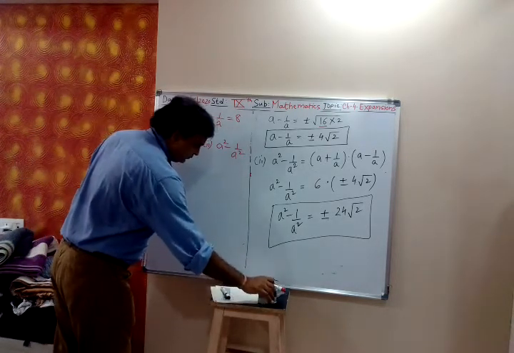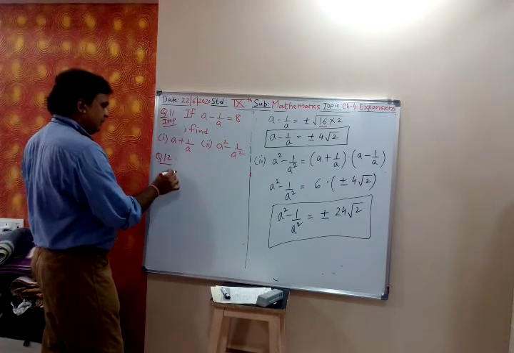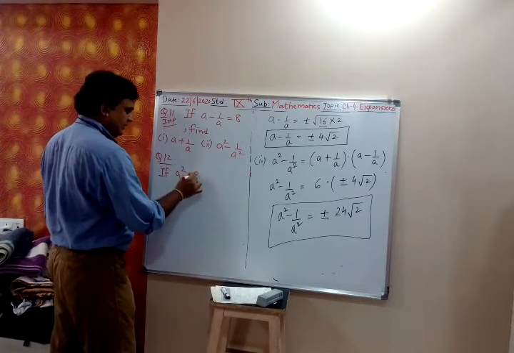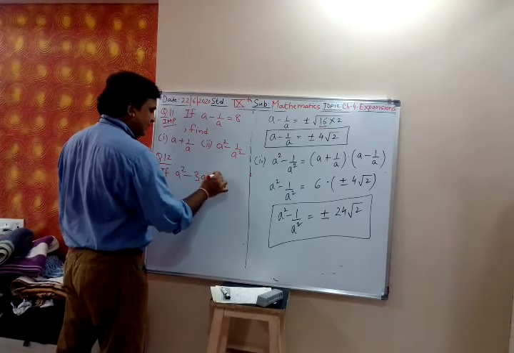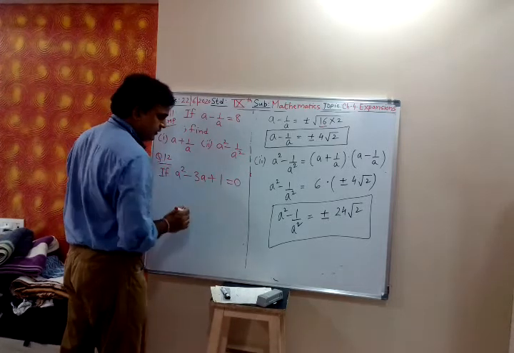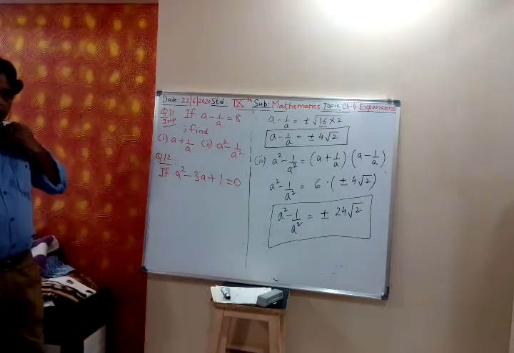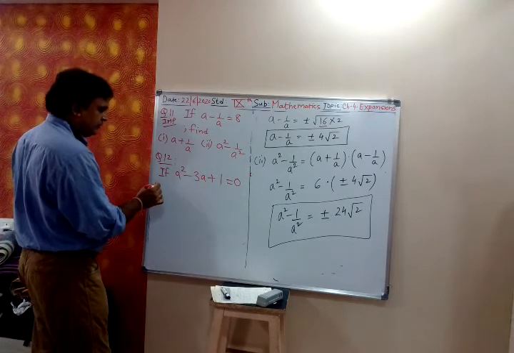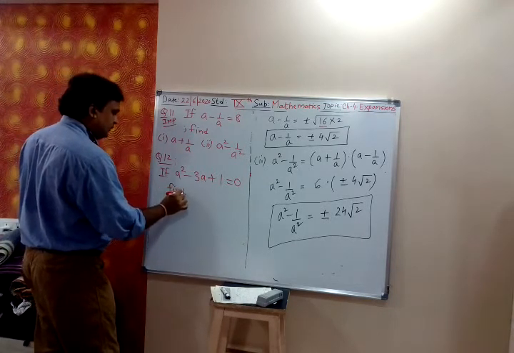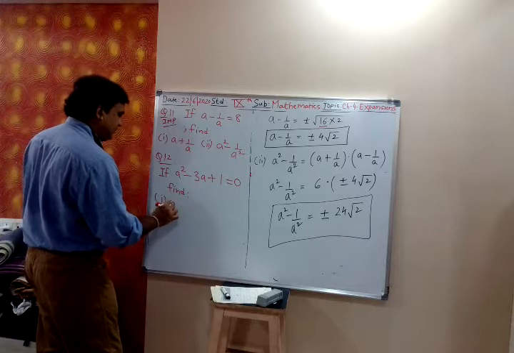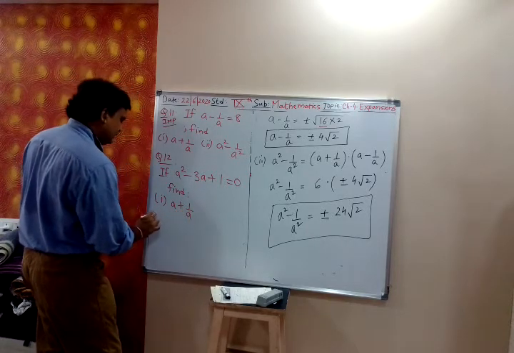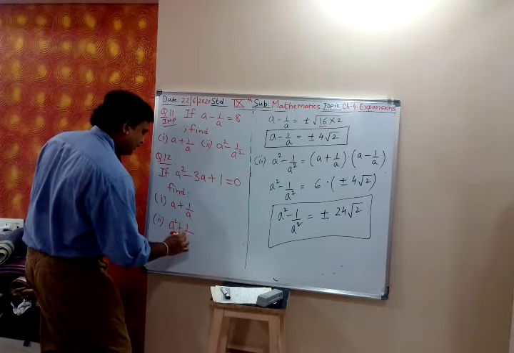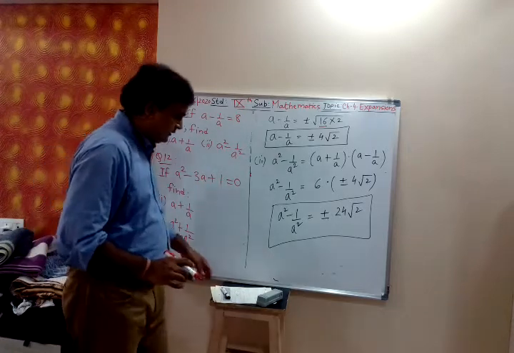Now the 12th: if a square minus 3a plus 1 is equal to 0, find first a plus 1 upon a, and second a square plus 1 upon a square.